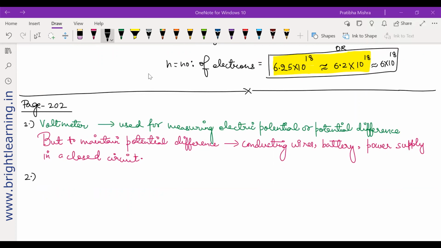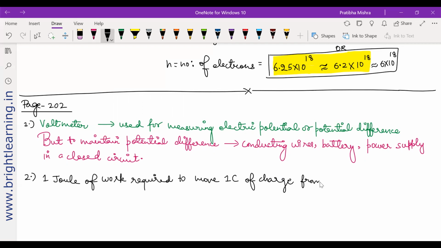So basically, you can just say that, for example, 1 joule of work, which is required to move 1 coulomb of charge from one terminal. So this one terminal can be negative to positive.